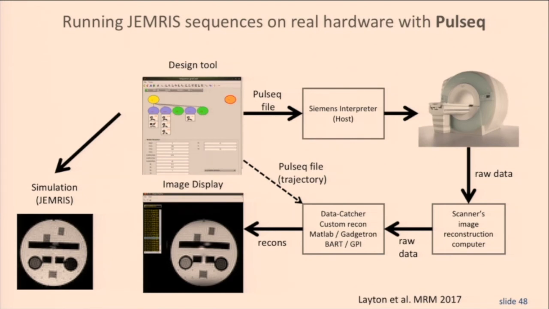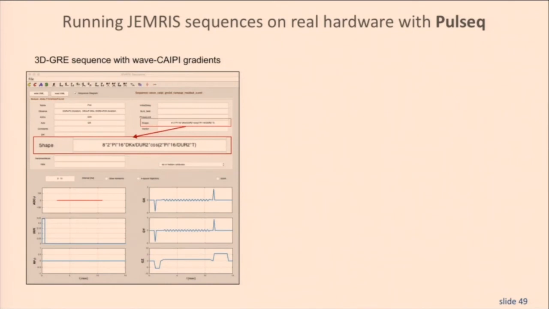Very finally, I wanted to give one example from our group where we utilized this approach using PulseSec. This was a project we started 3 years ago. We had an idea to do a better reconstruction, or a different way to reconstruct Wave-CAIPI data. Wave-CAIPI is a nice acquisition approach, especially for anatomical imaging, developed by the group at the Martinos Center in Boston.